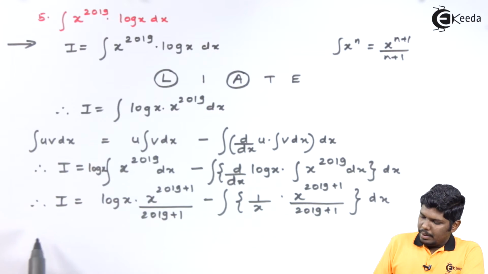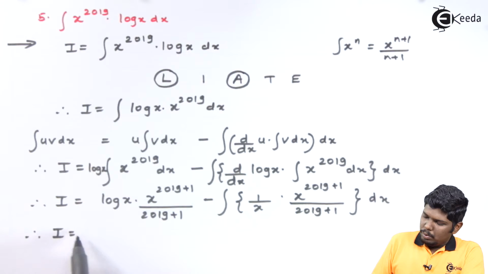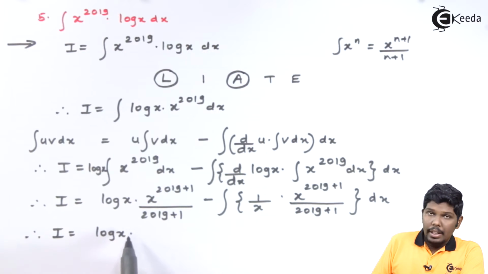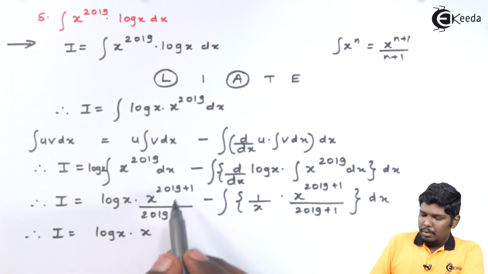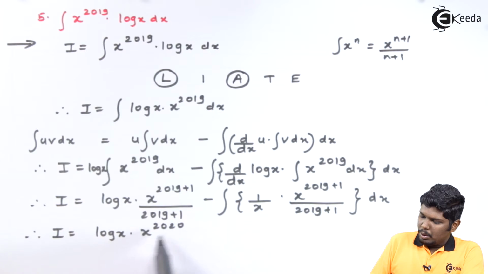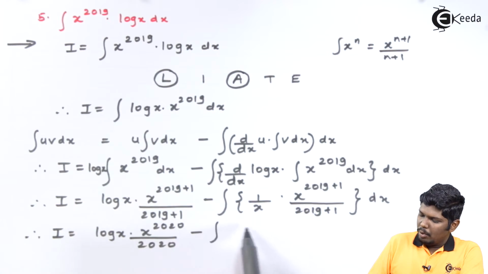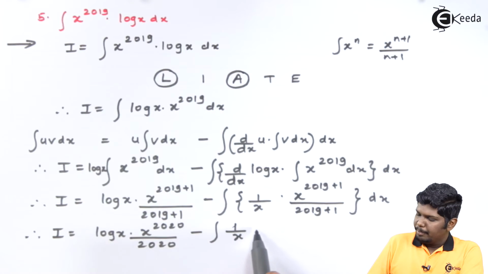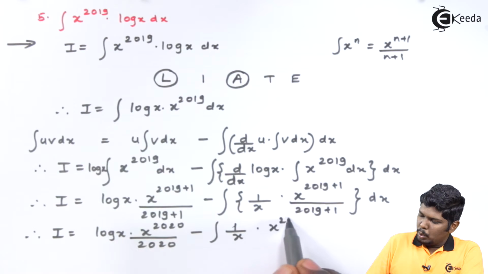In the next step, we have I is equal to log x into, here we have x raised to 2020 divided by 2020 minus integral of 1 upon x into x raised to 2020 upon 2020.